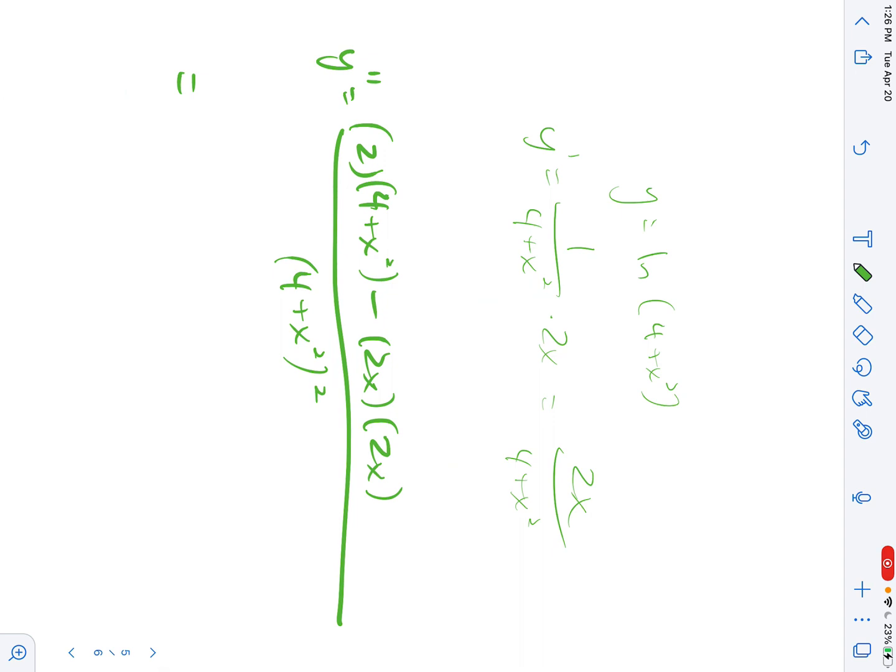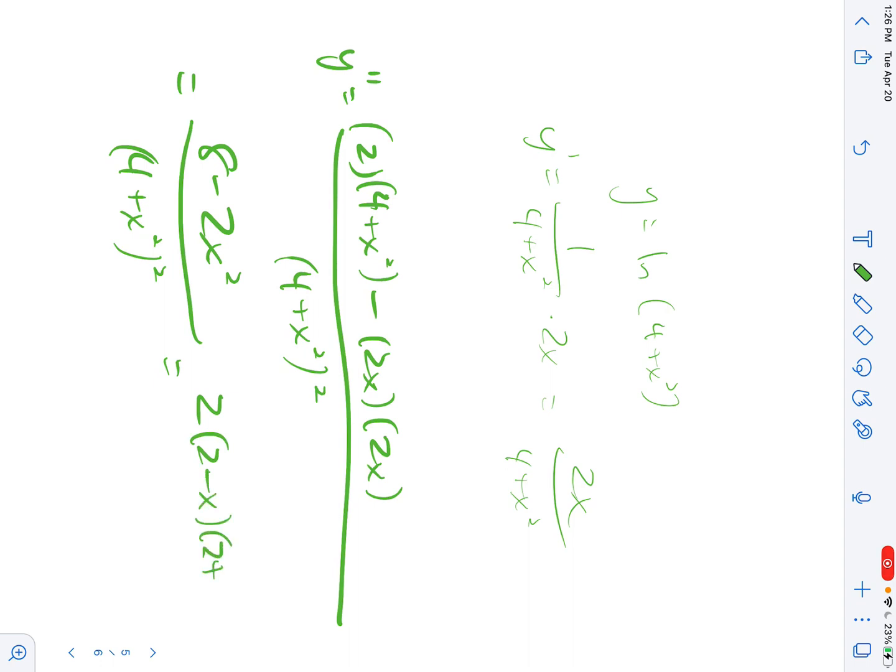If I work through this, in the numerator I have 8 plus 2x squared minus 4x squared. That's 8 minus 2x squared. Can factor out a 2 there: 2 minus x, 2 plus x.